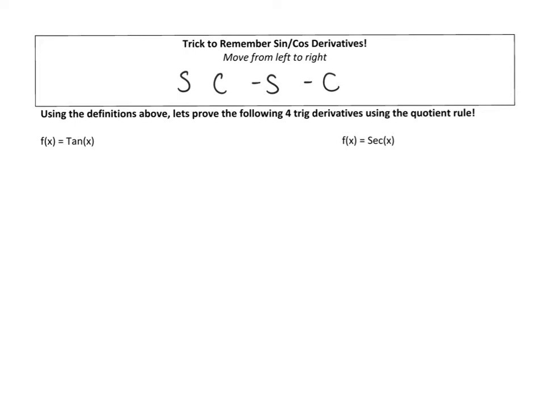If we want to find the derivative of, say, sine, we just look to the right. So the derivative of sine is cosine. The derivative of cosine is negative sine. The derivative of negative sine is negative cosine. And the derivative of negative cosine just goes all the way back to the front, which is sine. And that's it. That is how we find the derivatives in a quicker fashion.